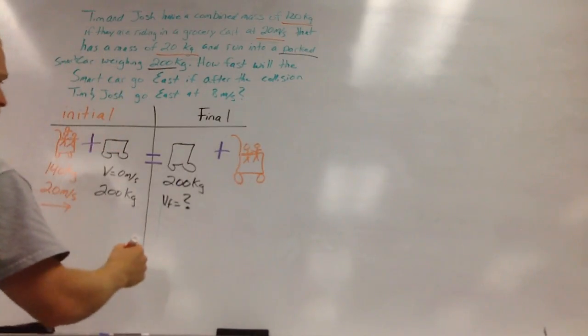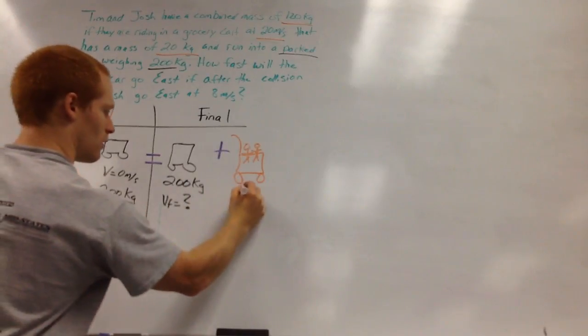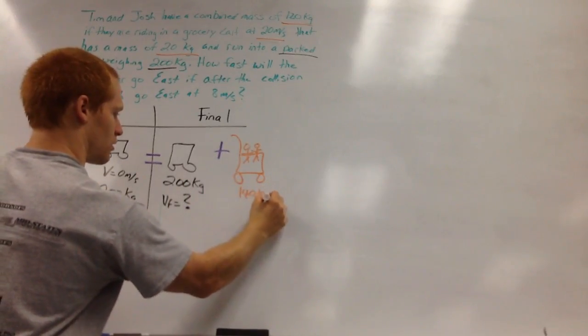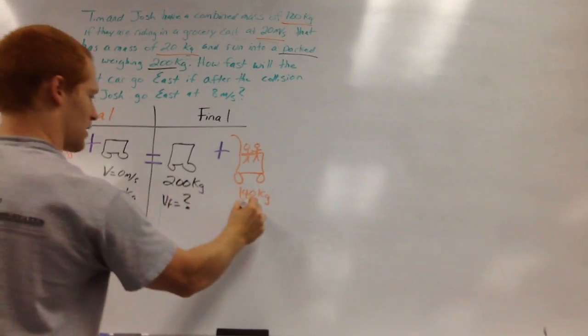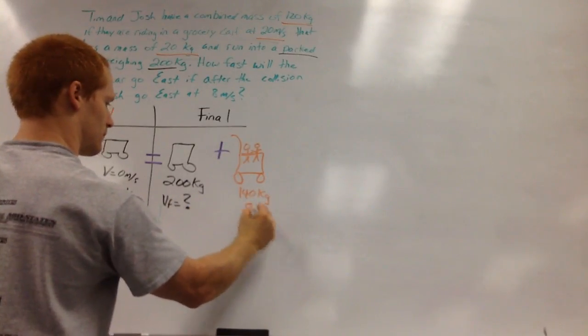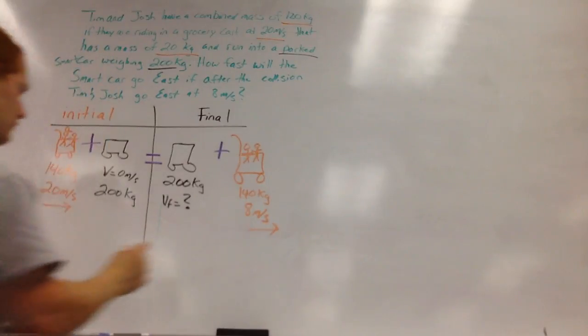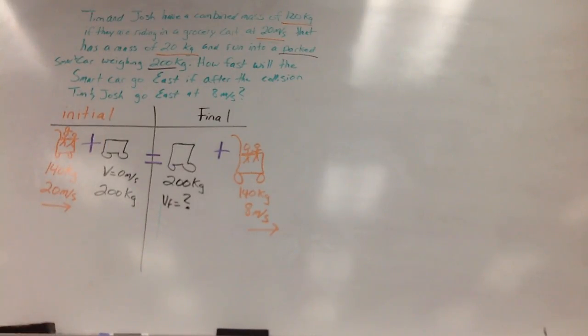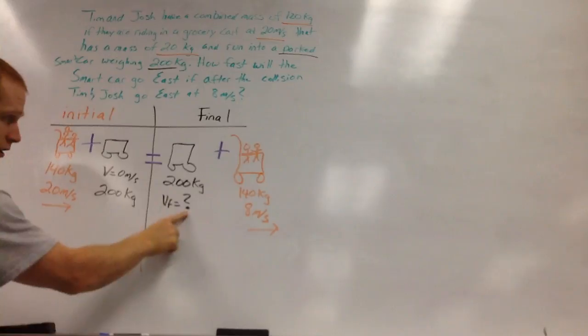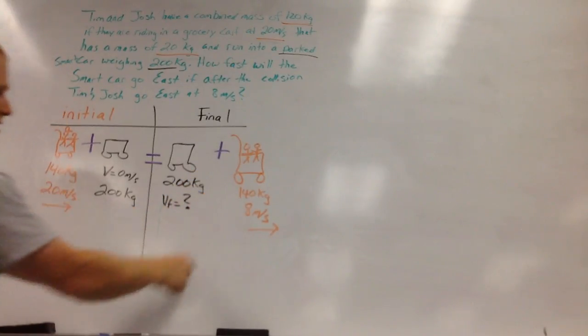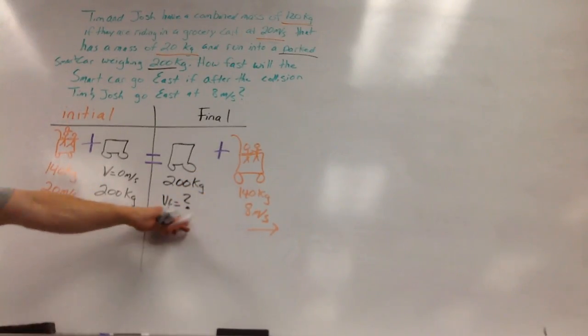Tim's hat fell off. Their mass does not change. Their velocity, however, did. Notice it is now 8 meters per second. So now we have mass and velocity plus mass and velocity equals mass and velocity, this is our unknown, plus mass and velocity. We know everything but this VF.